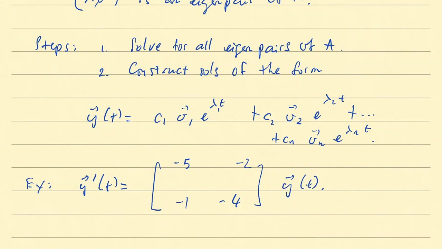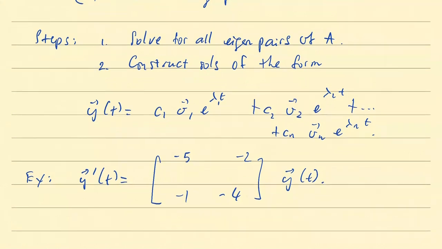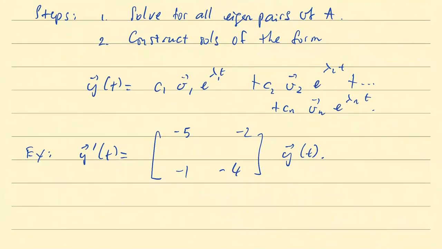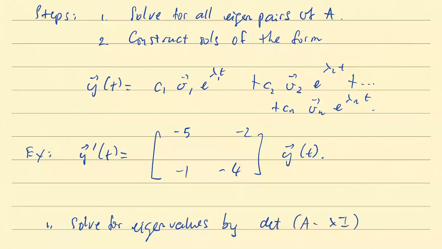So how do you find eigenvalues, eigenvectors? These are the steps. Now your linear algebra knowledge has to come into place. How to solve for eigenvalues, eigenvectors? First, solve for eigenvalues by the determinant of A minus lambda I is equal to 0.